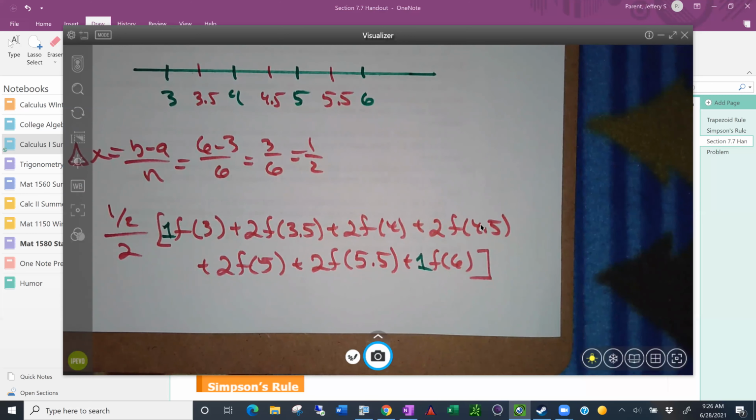So trying to think if there's a clever way we can do this on, say, Desmos or something like that. Because I'm not really a big fan of trying to do this all by hand. You can. Now the function that you have to deal with, f of x, comes from your integrand.